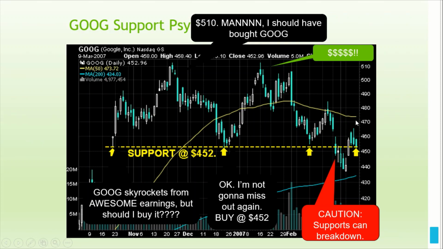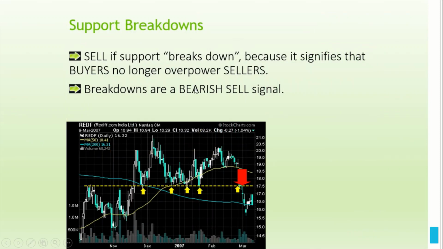As a trader. Alright? Next is support breakdown. So, what happens kapag nagkaroon na daw ng support breakdowns? So, sell if support breakdowns. Sell if the support breaks down because it signifies that buyers no longer overpower sellers.